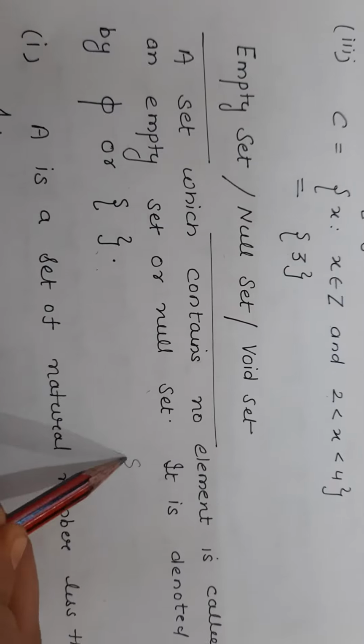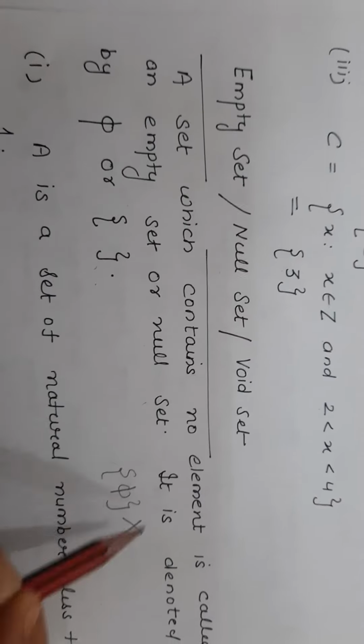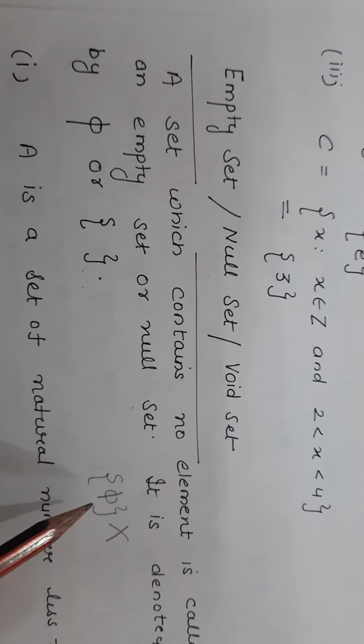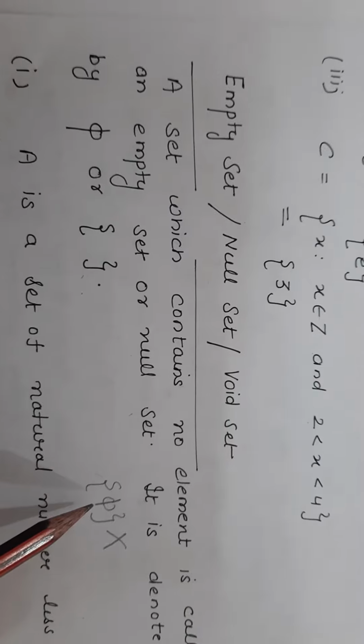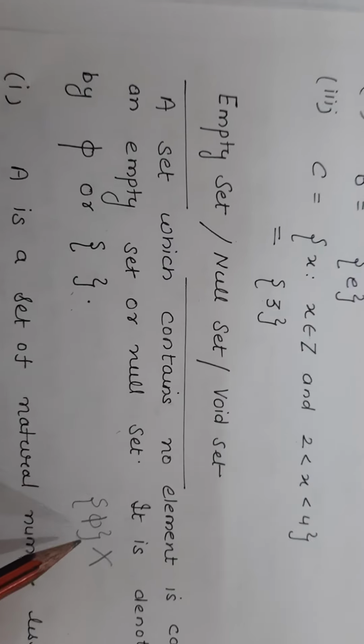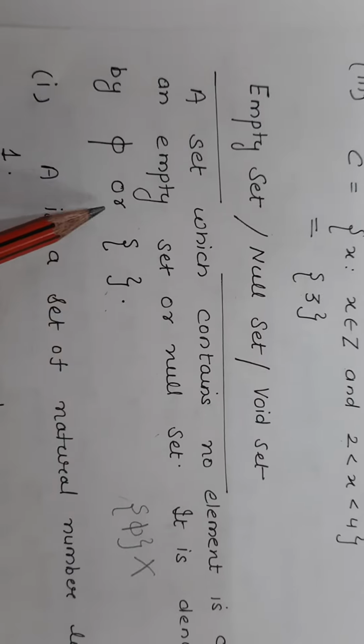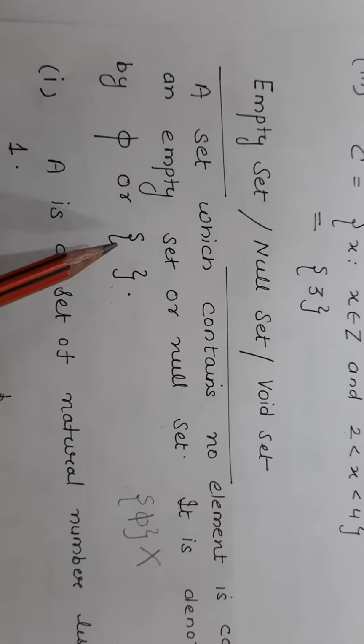But you will not write it like this. This is incorrect because this is a set which contains an element whose name is phi. So that means it will be an example of a singleton set. So the null set is denoted either by the symbol phi or by empty brackets.